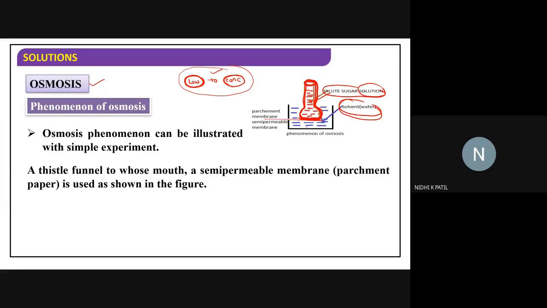Is the flow from here to here, or here to here? From red to blue or blue to red? Tell me now. Blue to red. Why? Because solvent does not have any concentration. Just take it as a low concentration.